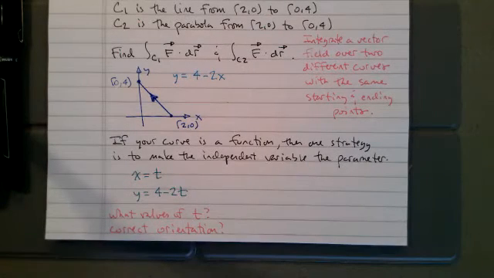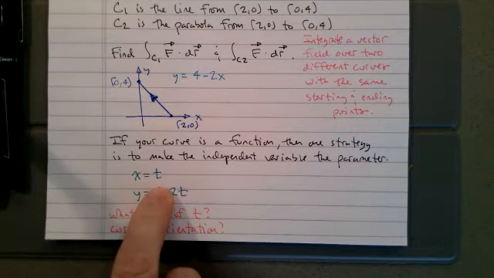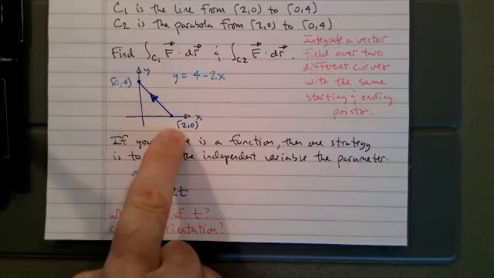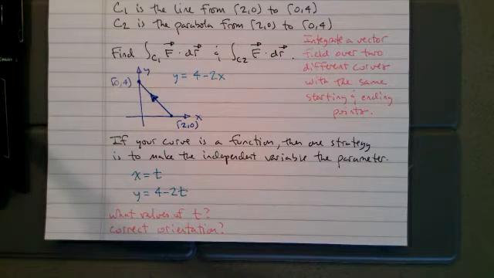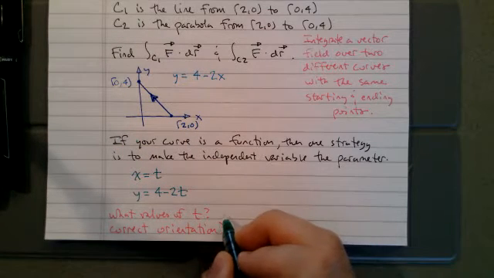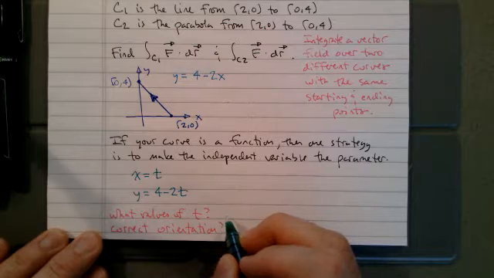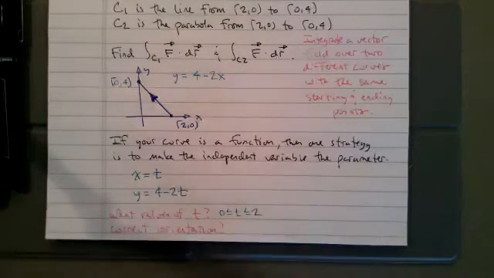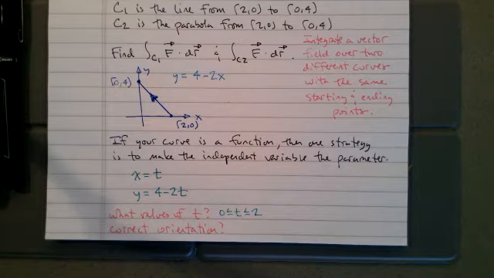So what values of t are we going for? Well, I just wrote this as x equals t. And so the t values are going to be where the x values are, and the x's go from 0 to 2. So we'll say this for t between 0 and 2. The other thing we'll have to check is that we have the correct orientation.